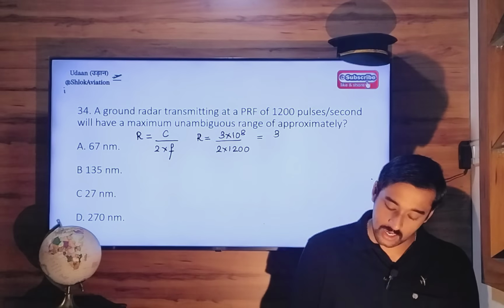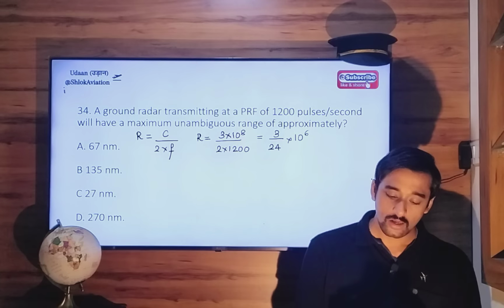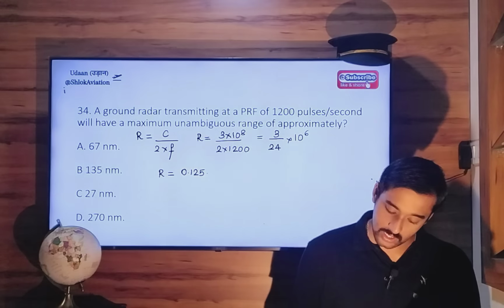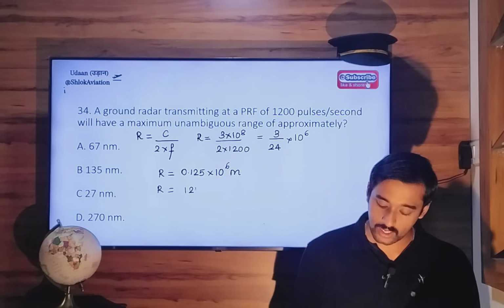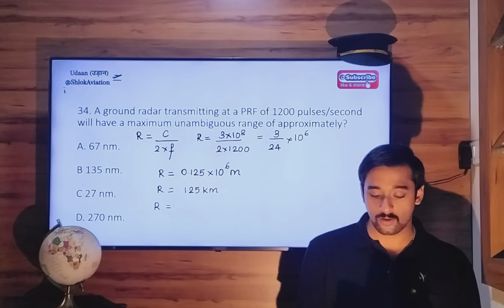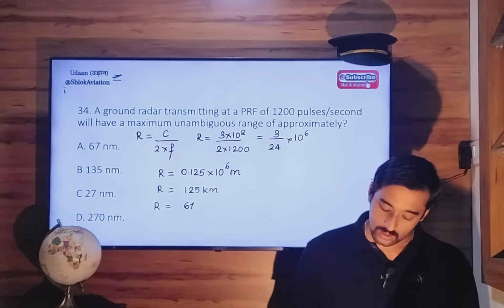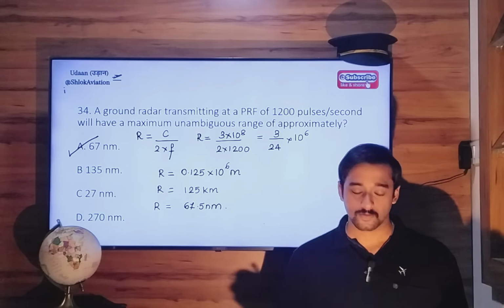So 3 divided by 24 into 10 raised to 6. 3 divided by 24 is 0.125 into 10 raised to 6 meter, or 125 kilometer, also 125 divided by 1.85, 66.5 nautical miles. 66.5 nautical miles. So option A is the correct option.